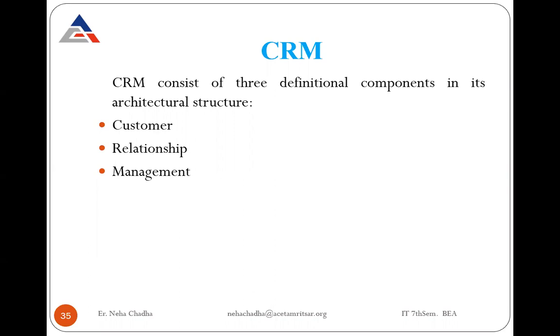But if you are a large-scale company with proper software, then each department can access your data from the central database, and that is called customer relationship management. Basically, the ERP system and the customer relationship management system depend on each other. ERP means every department is working over a central database. Similarly, CRM means your customer details should be at the central level so that each department can access them.